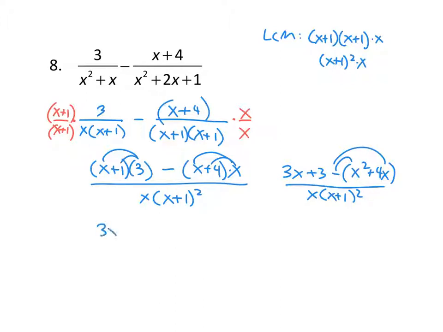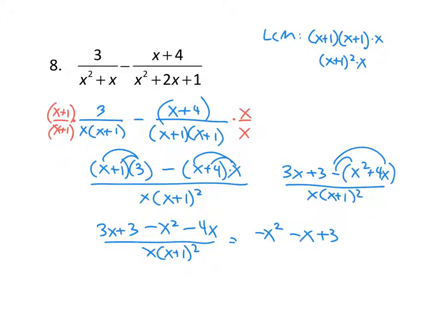And we get 3x plus 3 minus x squared minus 4x all over x times x plus 1 squared. And I combine like terms. I'm going to write negative x squared first, minus x plus 3 over x times x plus 1 squared.